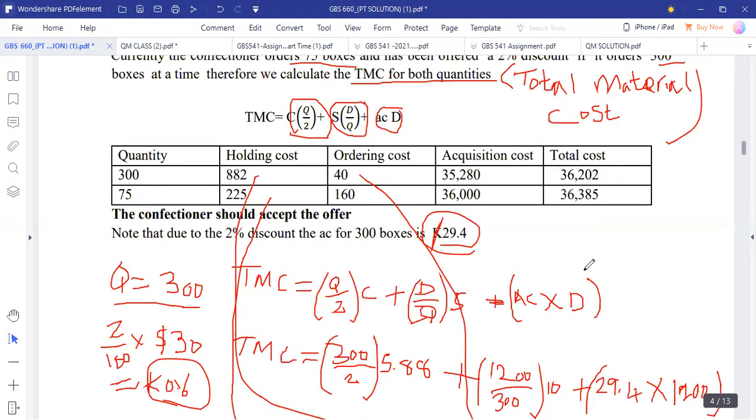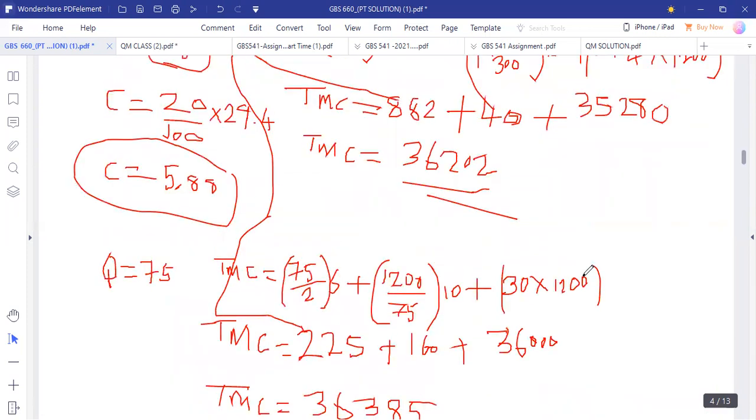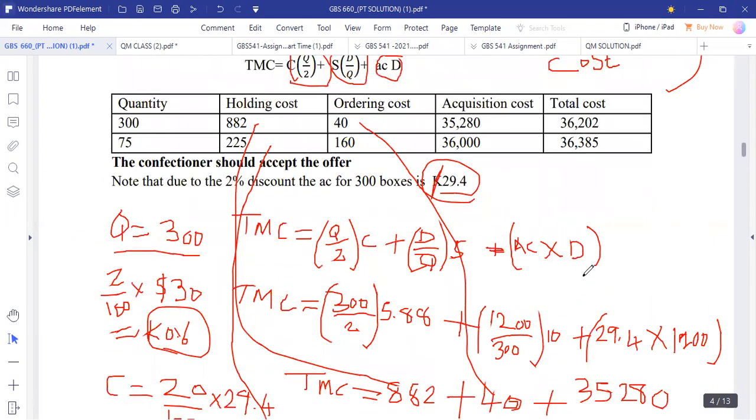So it is cost saving to buy 300 boxes instead of the 75 boxes.